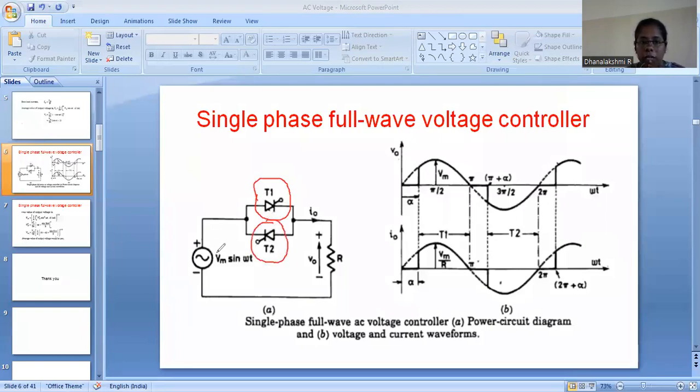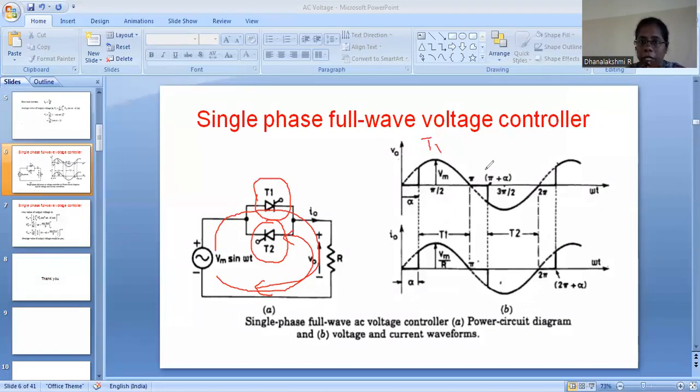So the positive cycle will be conducted by thyristor T1 in this way, whereas the negative cycle will be conducted by thyristor T2 in the opposite direction. So both the cycles will be controlled: positive cycle by thyristor T1 and negative cycle by thyristor T2.